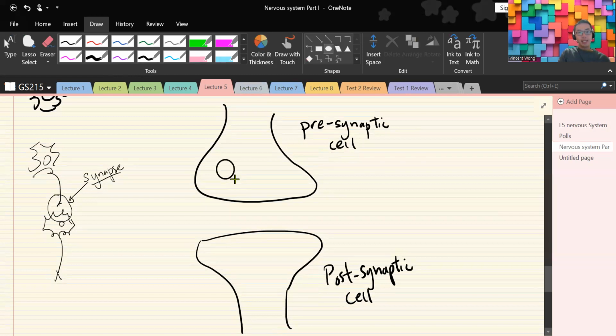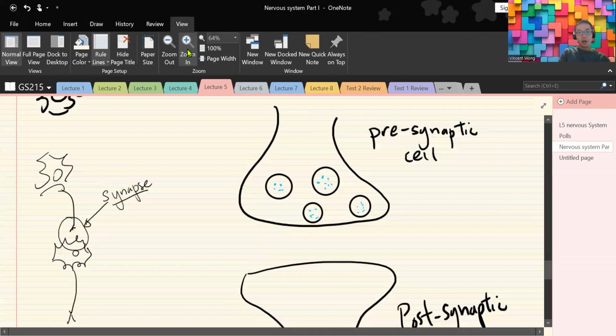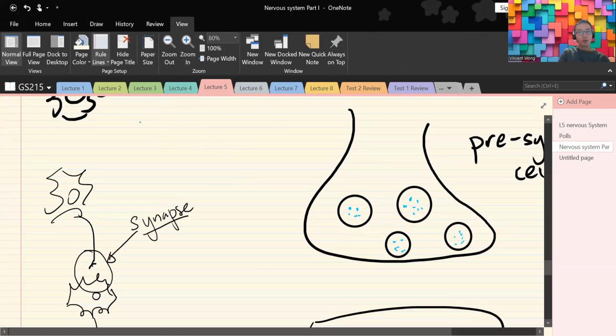So in the axon terminal of the presynaptic cell, we are going to have these vesicles. And inside the vesicles, we will have these molecules, which are called neurotransmitters.